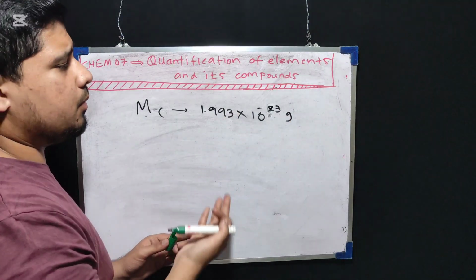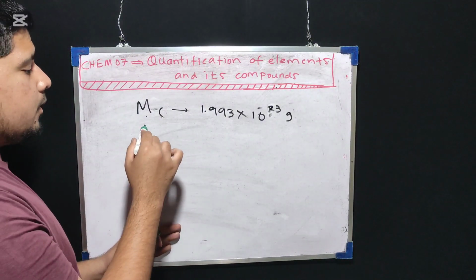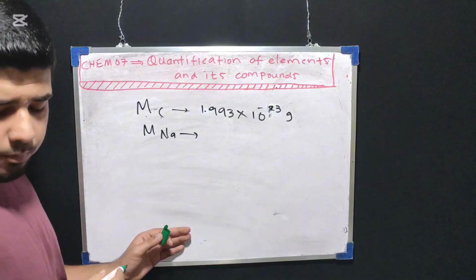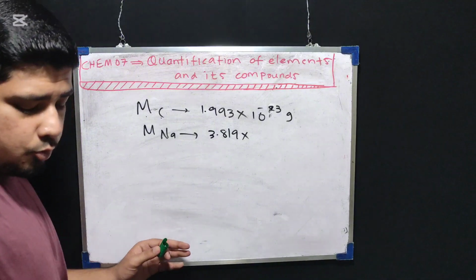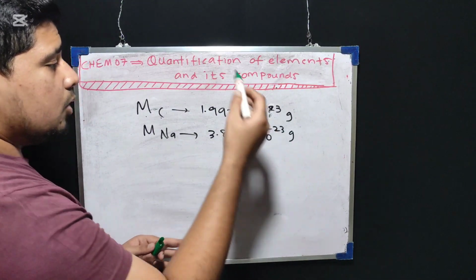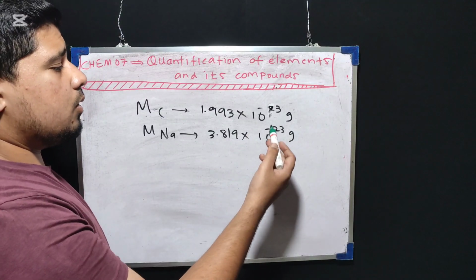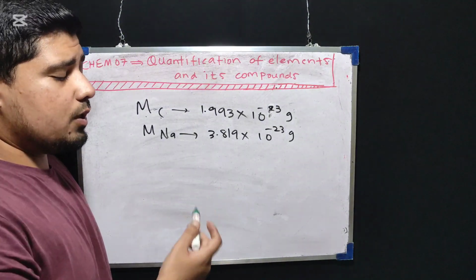Okay. Now let me take the mass of a sodium atom. The mass of a sodium atom is 3.819 into 10 to the power minus 23. Any atom, if we take, will have terms like 10 to the power minus 24, 25, 23.